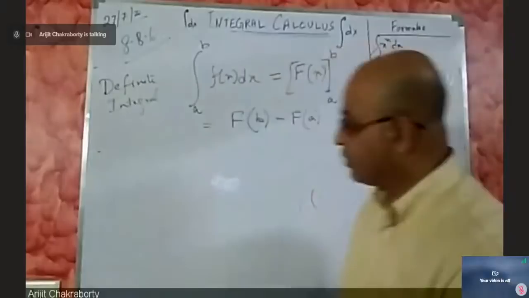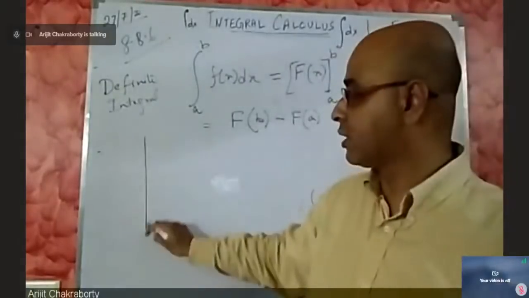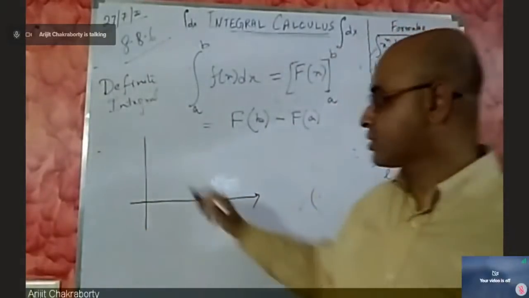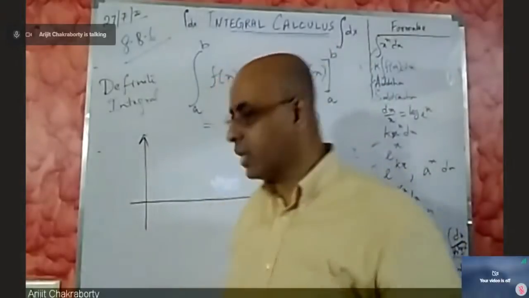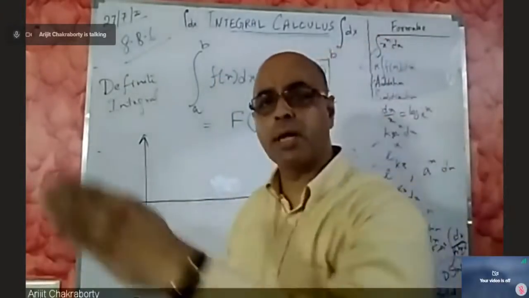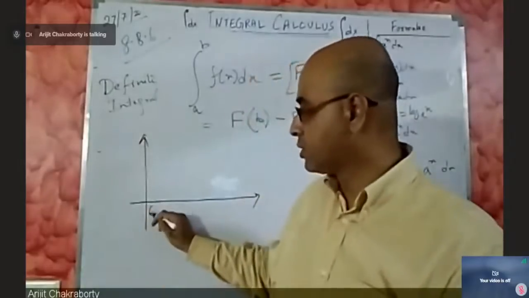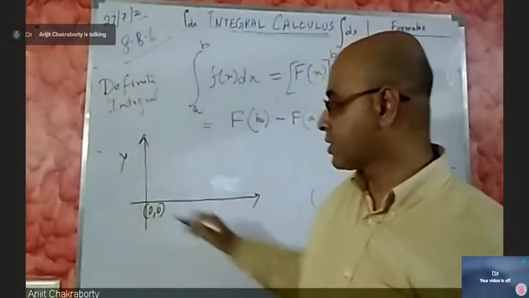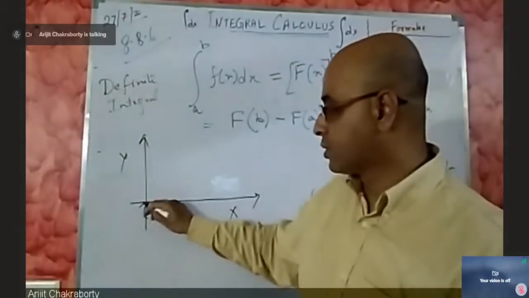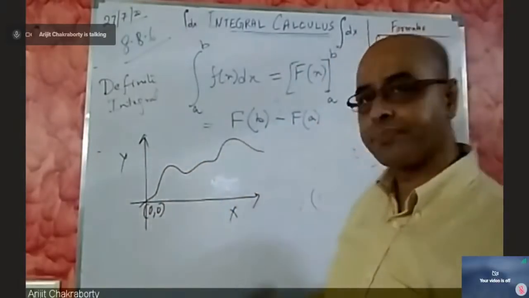Once again, we saw the graph, we just did the equation of a curve, and you saw that the curve was passing through the origin, 0, 0. This is the y-axis, this is the x-axis. So the curve was like this.